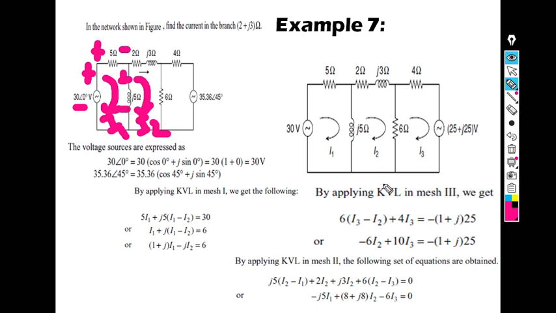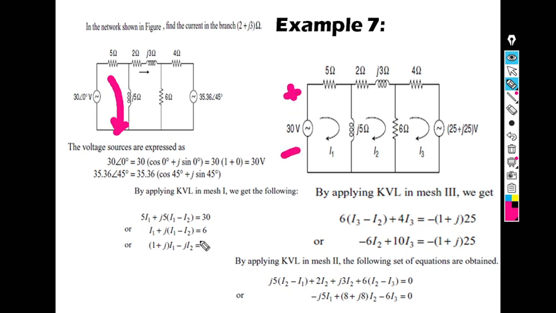So I am just clearing it. You have drawn it, I think. So the current is entering minus 30. So here you can see the current is entering minus 30. So it is minus 30.